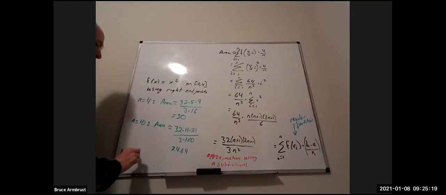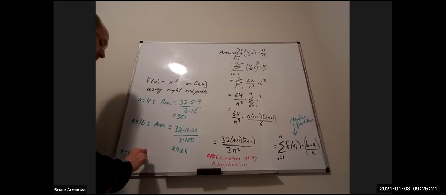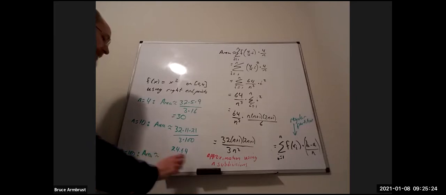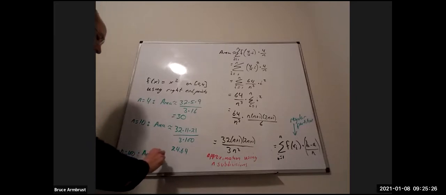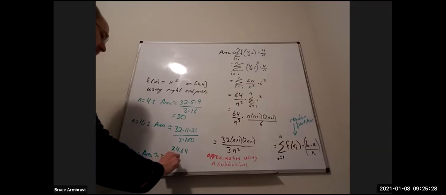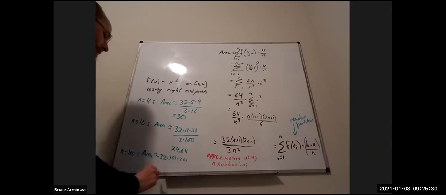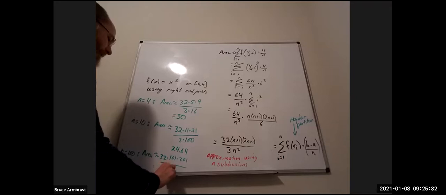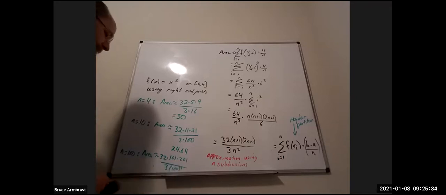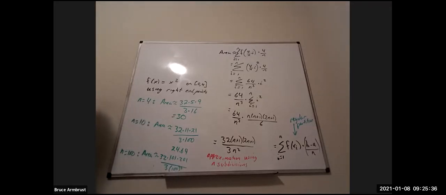Let's break it into a bunch of little pieces. So now our area is going to be around 32 times 101 times 201 divided by 3 times 100 squared. And I apologize, I'm running out of space on the board. But let's see what that number gives us. So we've got 32 times 101 times 201.